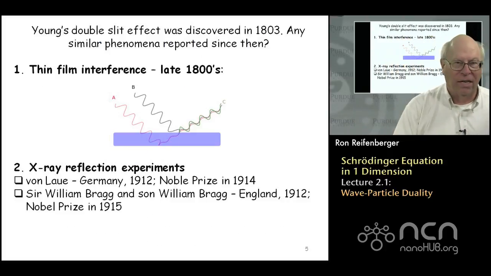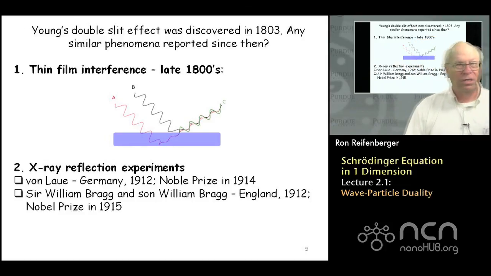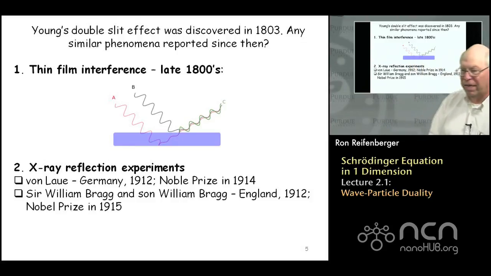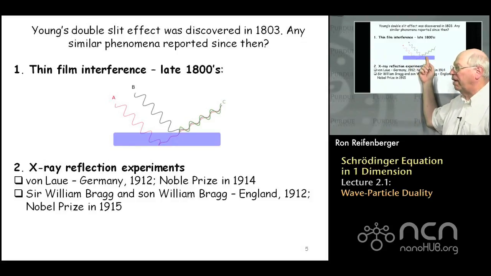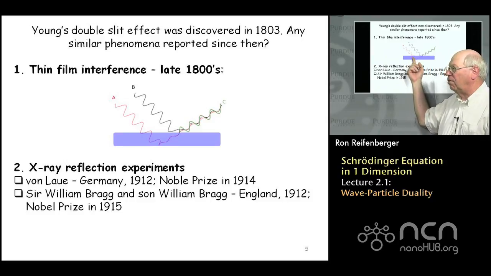It's a fair question to ask, are there any other reports of interference effects in light that would support this wave-like nature of light? And the answer to that question is yes, there's a number of different phenomena that have been discovered. One example is the thin film interference effect, where you've got a film of a thickness T, and if the thickness T of the film is comparable to the wavelength of light, then it's possible for light to reflect from the back side of the film, another ray of light to reflect from the front side of the film.